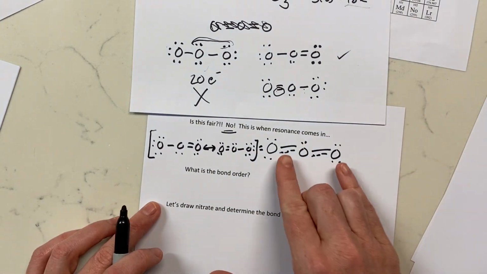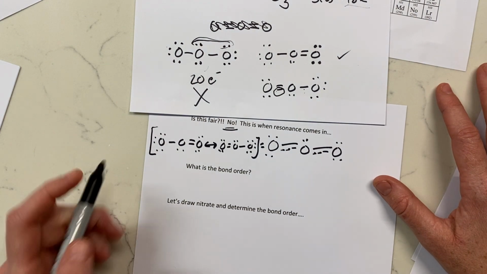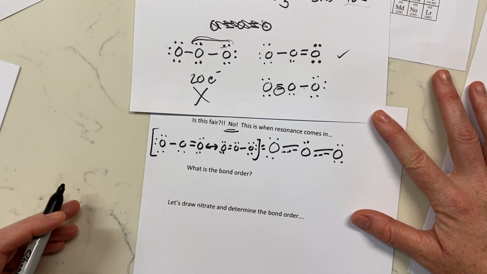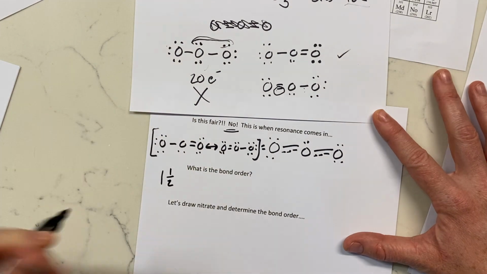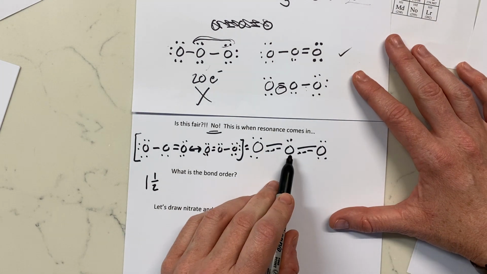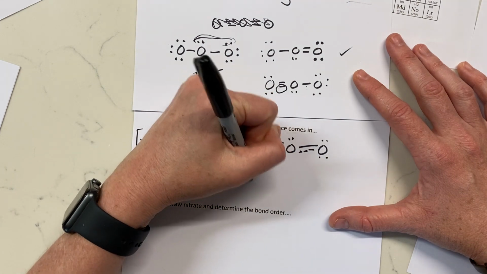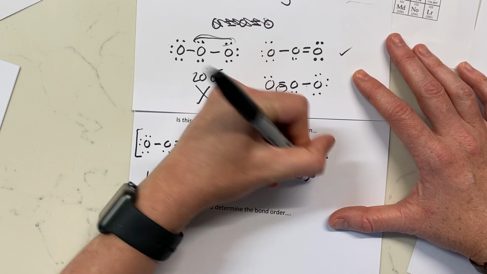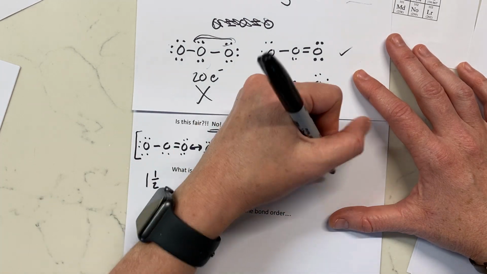All right, so what is the bond order of this? Well, it's not 1, it's not 2, it's somewhere in between, right? It's actually 1.5. Let's take a step back and talk about why. Well, how many bonds do you have in total? Well, in total, you have 1, 2, 3 bonds.